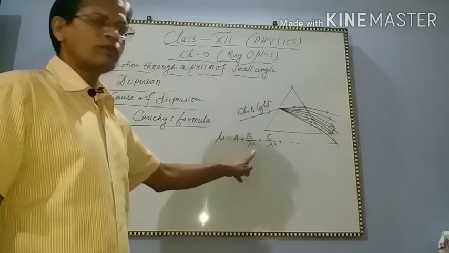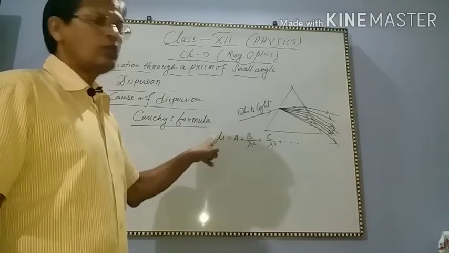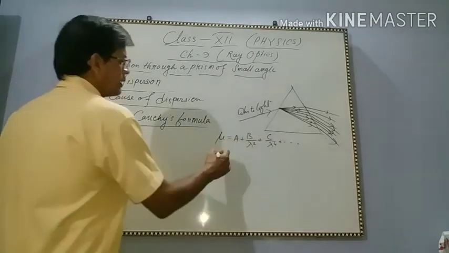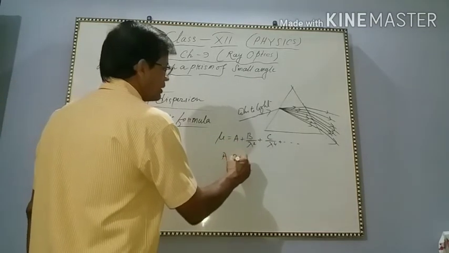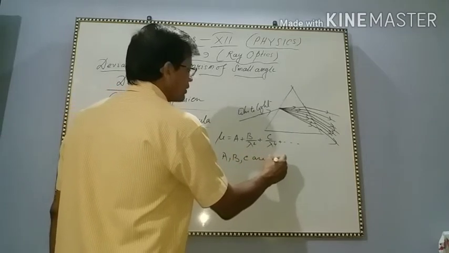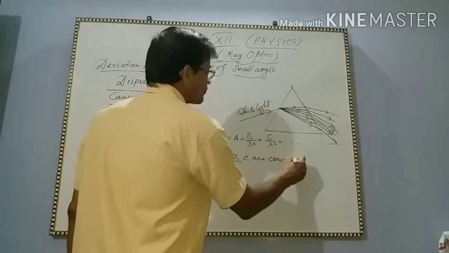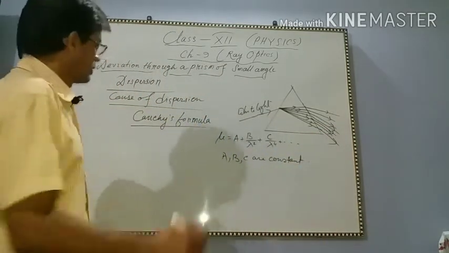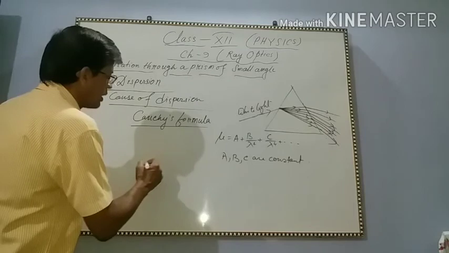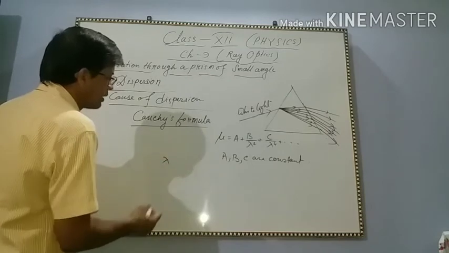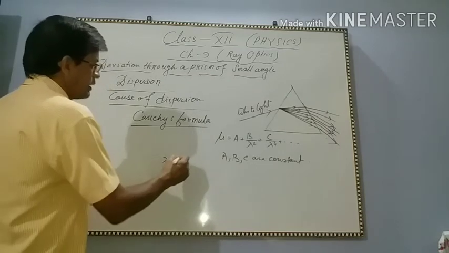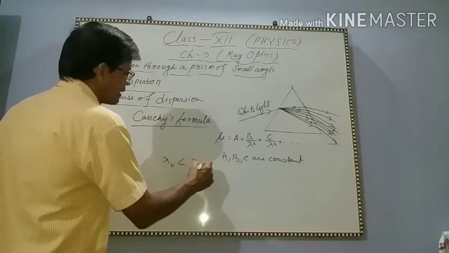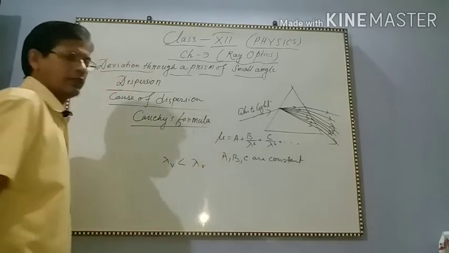So if the wavelength is more, mu will be less. If the wavelength is less, mu will be more. Now you see, the wavelength for violet is less than the wavelength for red.